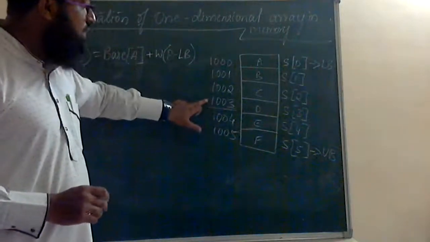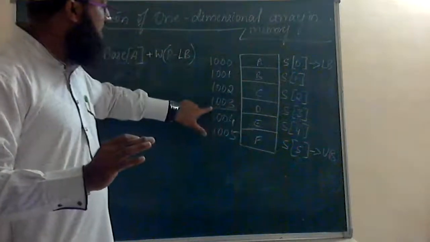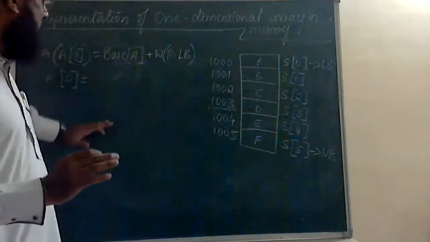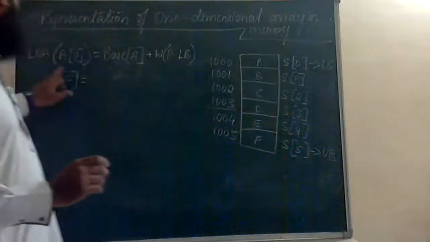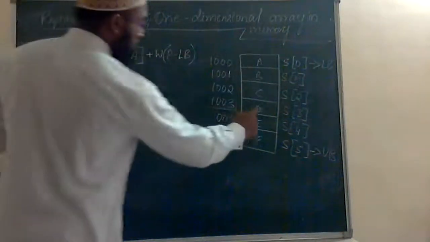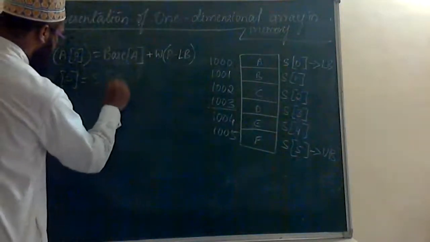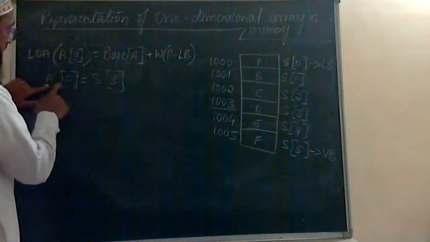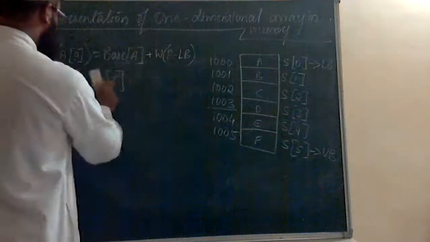If we get the answer 1003, then our problem is correct. By applying this formula, we have to substitute for 1003. Here, A of P is equal to the subscript of D, that is S of 3. This is the array name, this is the size. I'll write it like this.